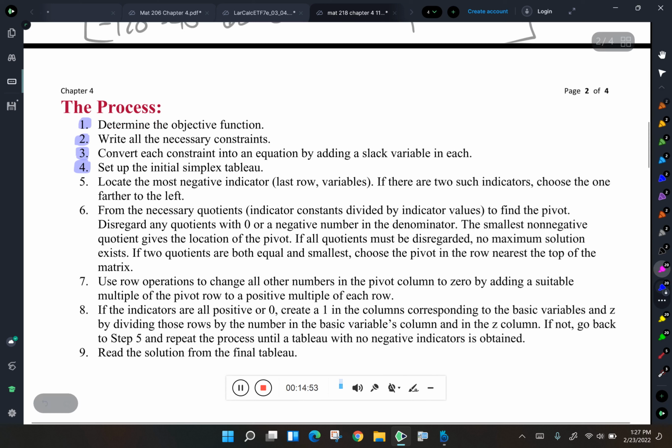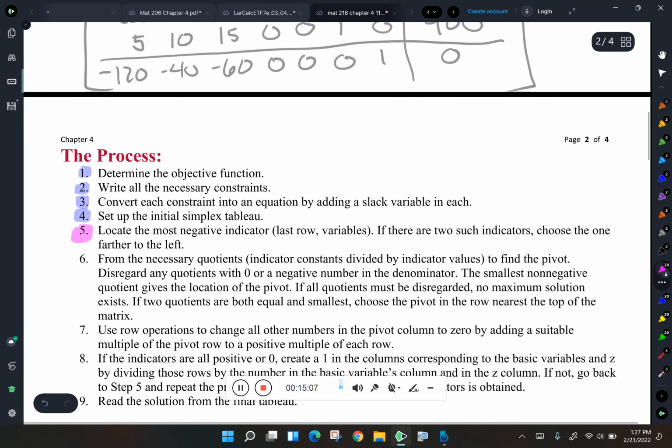Okay? We're going to do that process by first locating the most negative indicator, that's the number in the last row, for the variable coefficients. If two numbers have the same negative value, then you choose the one that is further to the left. So this is going to be our most negative number.